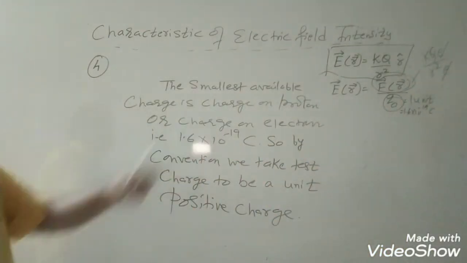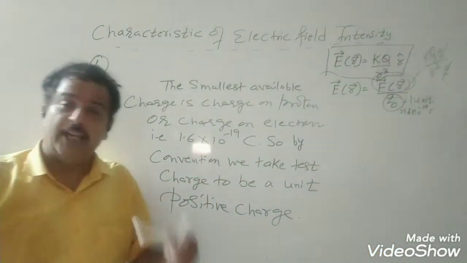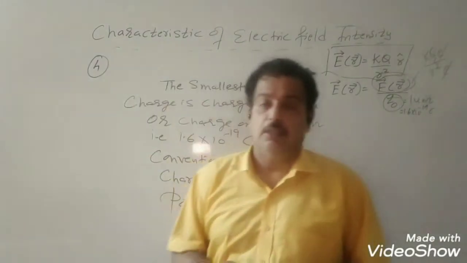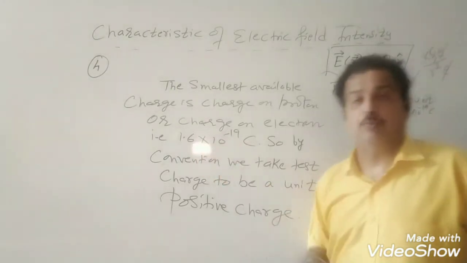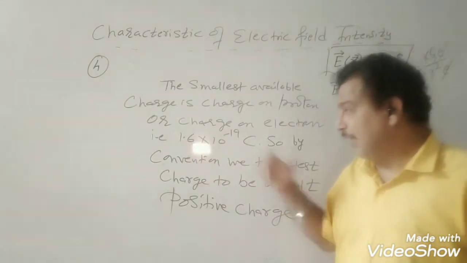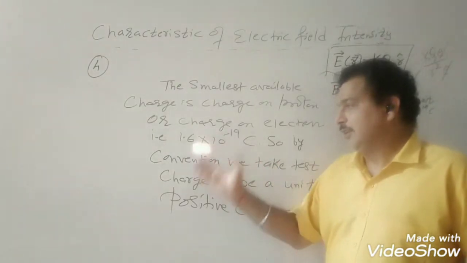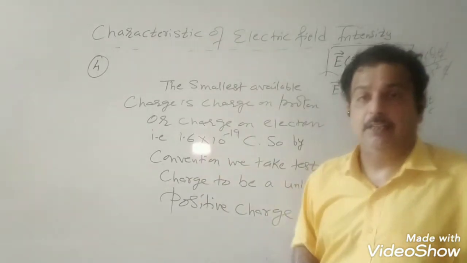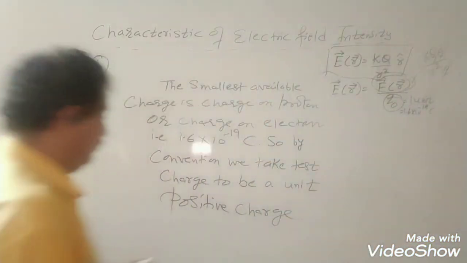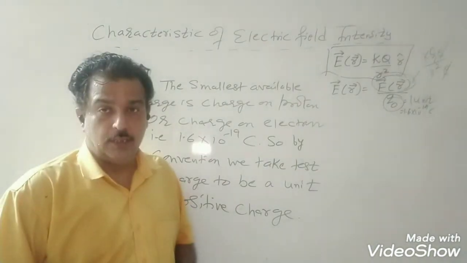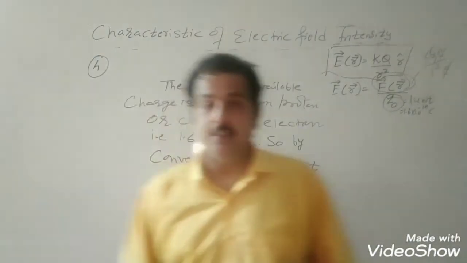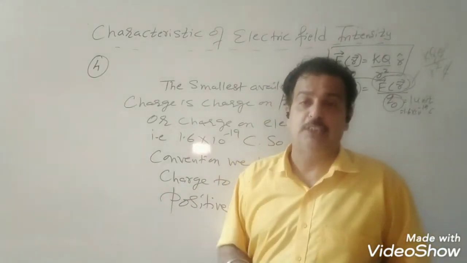Because it does not depend on the test charge, we have assigned the test charge the value 1.6 into 10 raised to minus 19 coulomb. But instead of saying this value again and again, I will use the words unit positive charge. So the test charge is a unit positive charge.